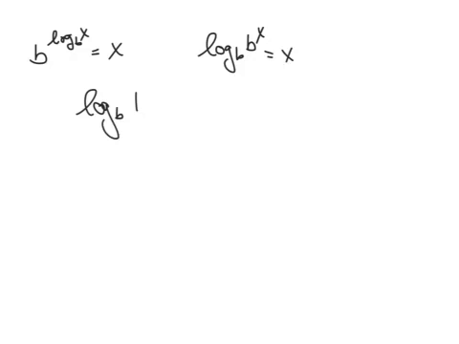Again, we want to get this to be the same as this, so we want that to be a b. Well, the only way to turn a 1 into a b is to make it b to the 0 power, because what do you know about the 0 power? Any number or any letter to the 0 power is equal to 1. Now they're both b's, so your answer ends up very easily being 0 there.